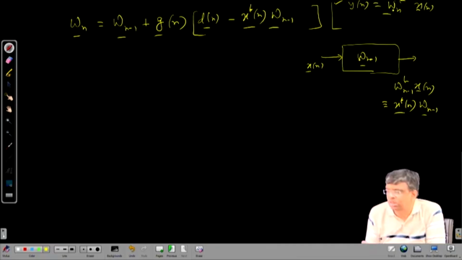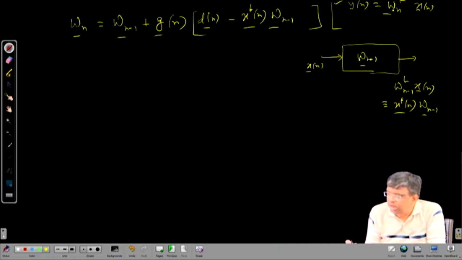If I use that at the nth clock and filter the current input vector, that is obviously not y n, but just for calculation I need it. That is W n minus 1 transpose x n, or equal to x n transpose W n minus 1, because if you have two column vectors, say A and B, then A transpose B and B transpose A are the same.